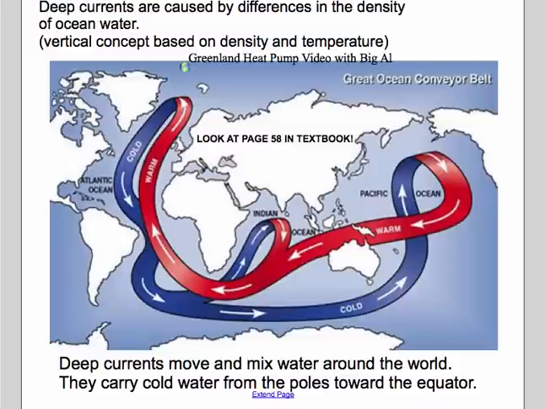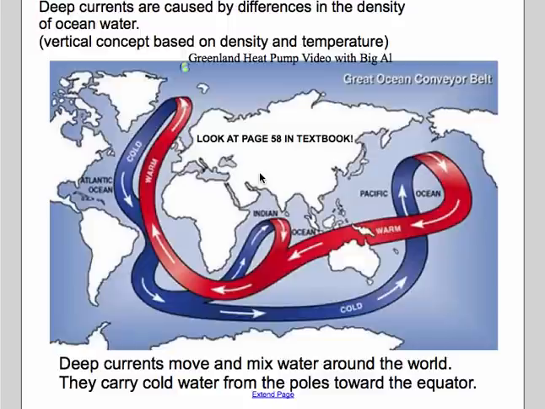So here's a picture very much like the one in your book on page 58 of that great ocean conveyor belt. So deep ocean currents are caused by differences in density of ocean water. It's a vertical concept, okay, because colder water is more dense because it's cold.